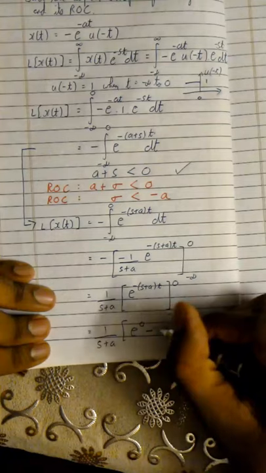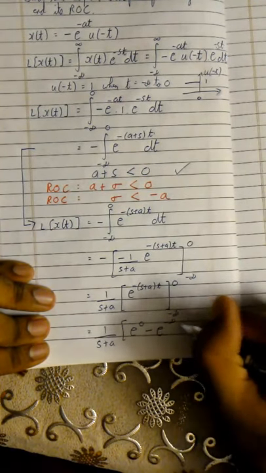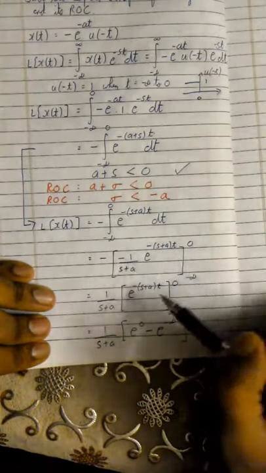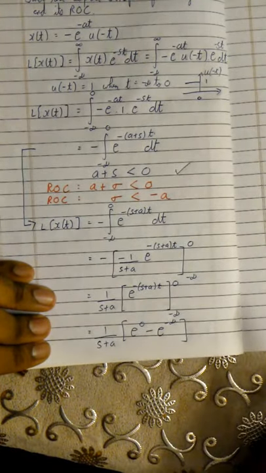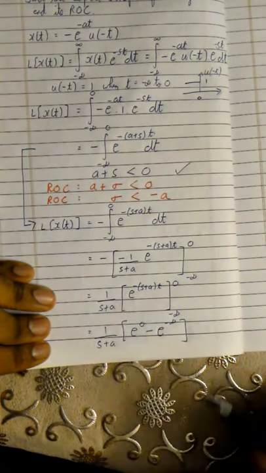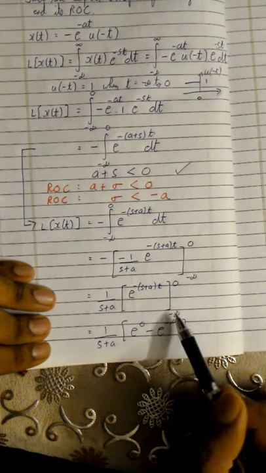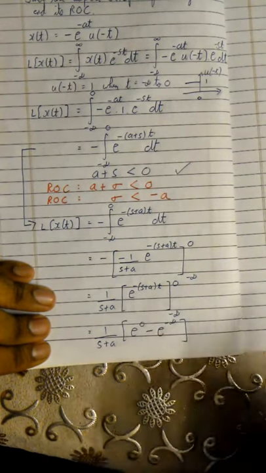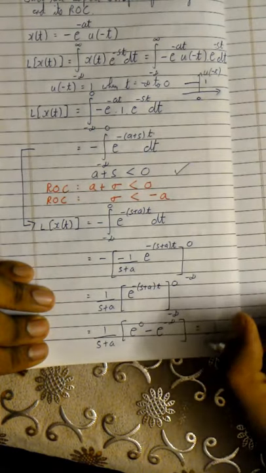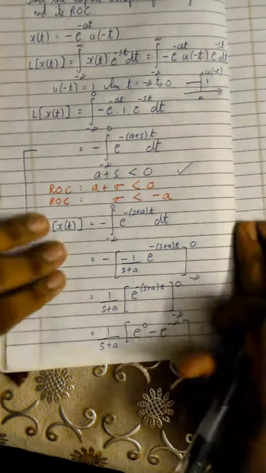So in other words, here also we get e raised to minus infinity, because s plus a is also a negative value. That negative value, with this negative value, becomes a positive value. So if you substitute minus infinity over here, you will get e raised to minus infinity itself. Okay, this is also equal to 1 by s plus a.